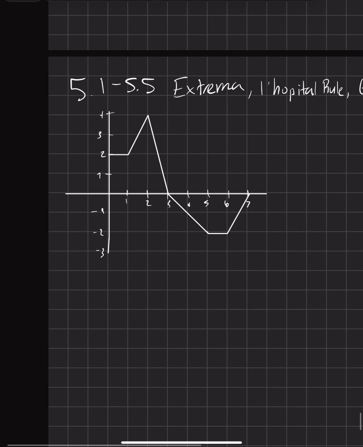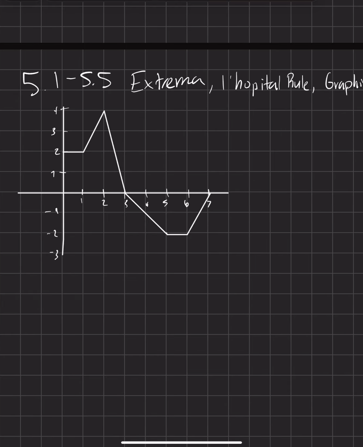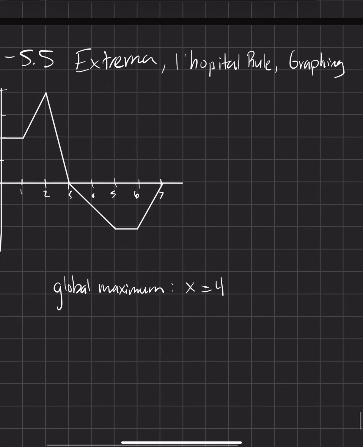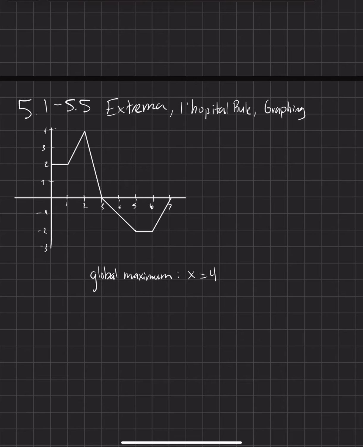So now that we got that made, first things first, we want to find our global maxima and global minimas. These are going to be our easiest ones to identify, right? So we just look for what's our highest point and what's our lowest point. So for this one, we can obviously tell our global maximum is when x is equal to 2, it's going to have a y value of 4.